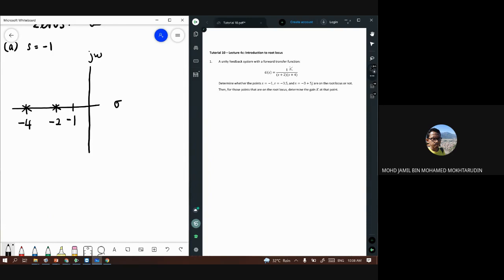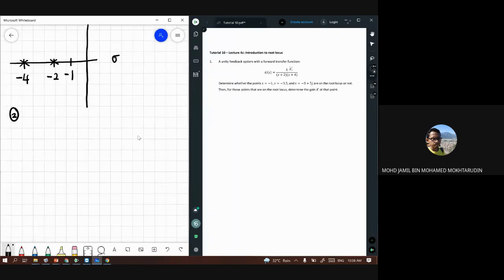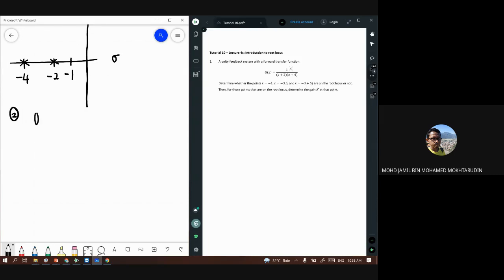Okay, so after we sketch on the root locus, then step number 2, we determine the angle made from all of these poles to the point of interest. So let's say theta P1. Theta P1 represents the angle from the first pole, minus 2.